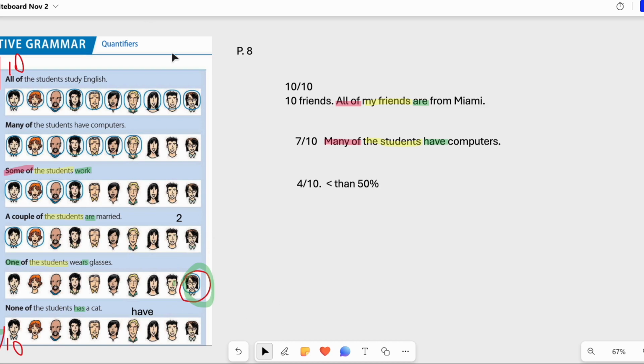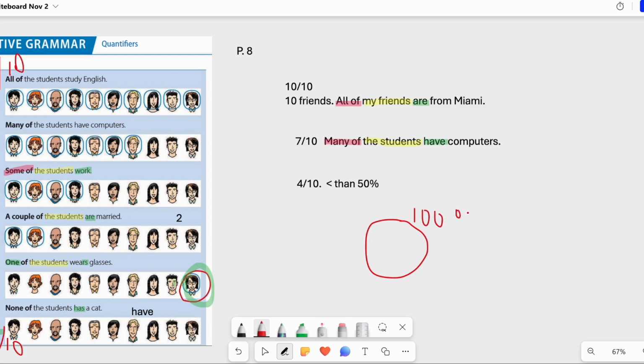Again, these are quantifiers. So if you have this circle, this is 100%, right? So you're quantifying it by saying all of my friends, or maybe some of my friends. Or maybe a couple of my friends, just two.